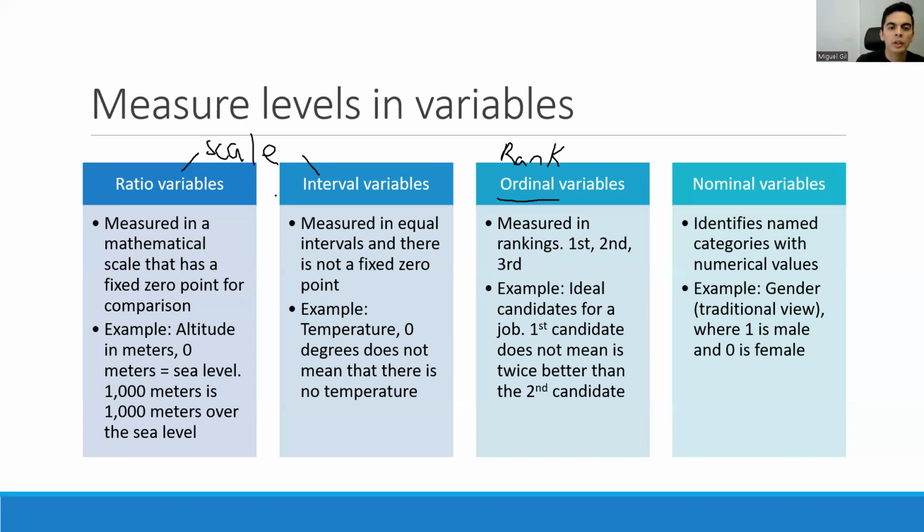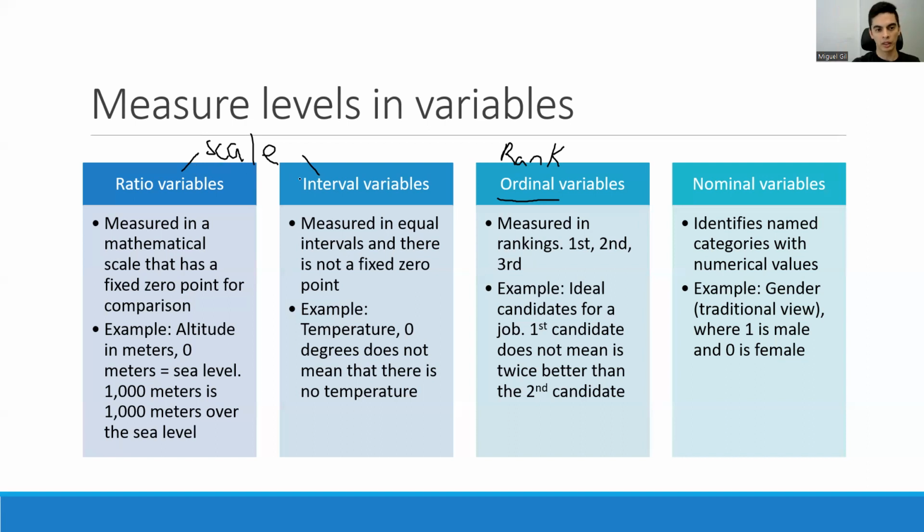And the difference between ratio and interval, and this is kind of a spoiler, but in the software that we are going to use to analyze the data, they use the scale variable and not really ratio and interval. So as long as you understand what a scale variable is, that's good. But in theory, you need to understand the differences of both.